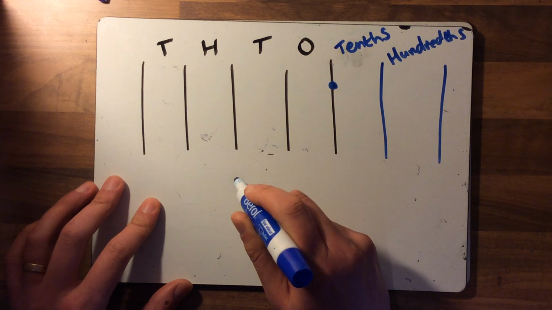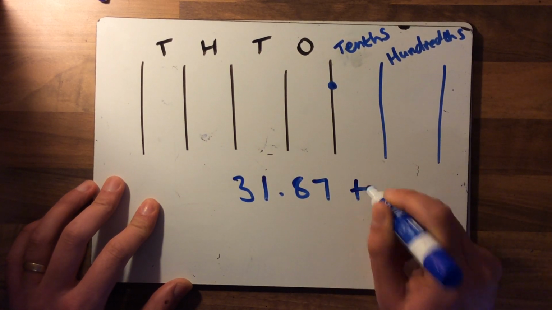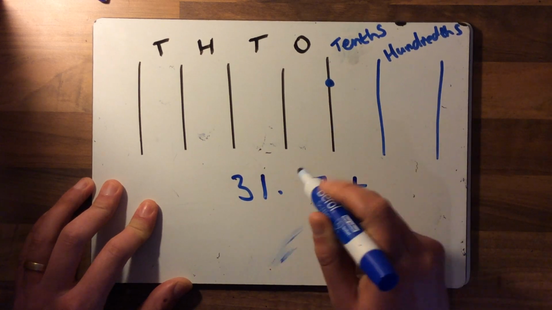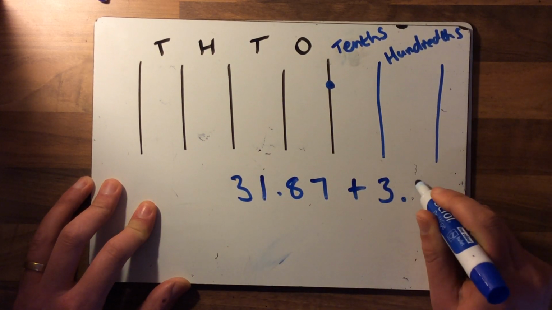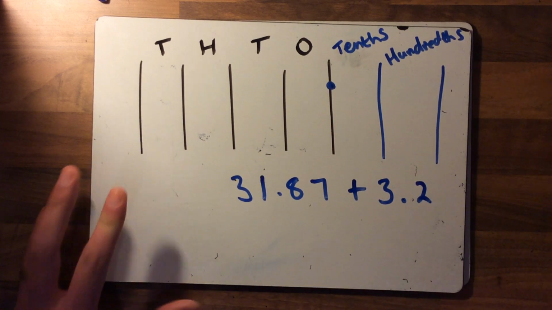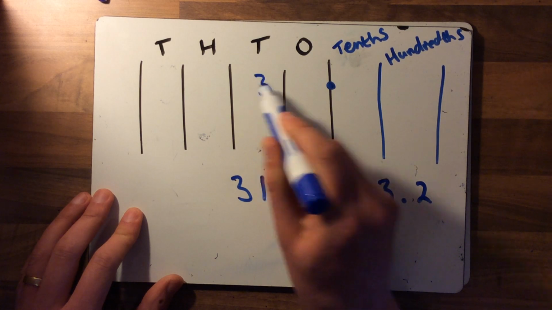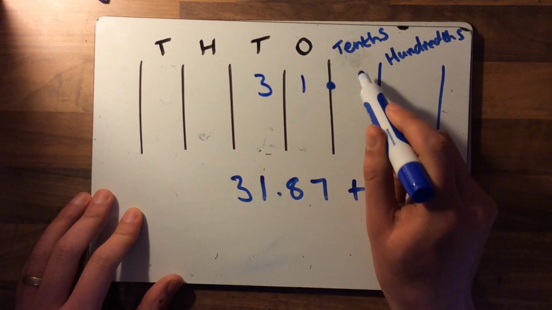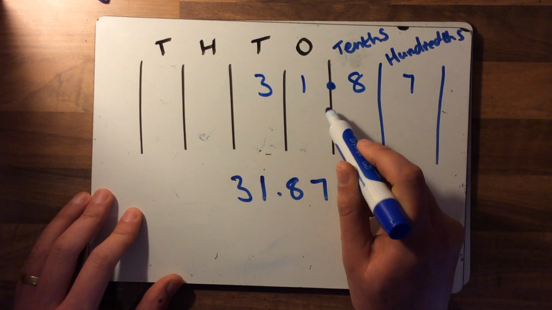So if I was to have this number now, sorry, make sure that 8 is clear, that's an 8, plus 3.2, so I've got 31.87 add 3.2. Now if I was to write that in here, 31.87 add 3.2.